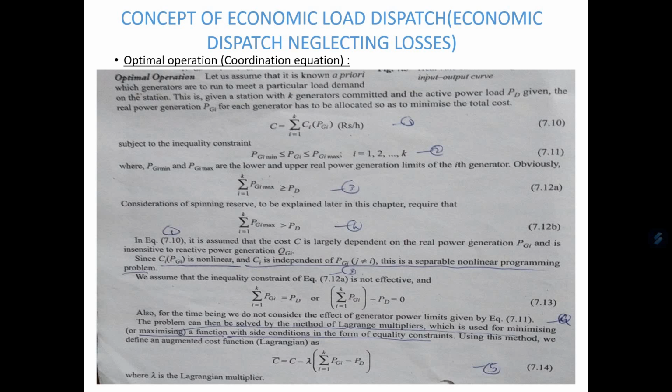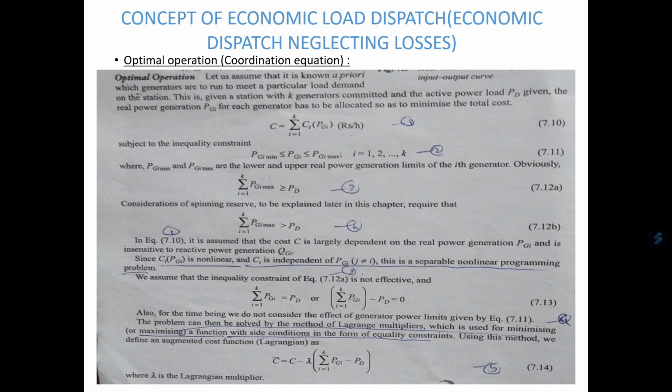That's why we select a generator with some more generating capacity, and that additional generating capacity we consider under spinning reserve. So if we consider the spinning reserve, summation of i equals 1 to k, Pgi max should be greater than Pd. Now, by considering the inequality constraint, this problem is a non-linear problem.